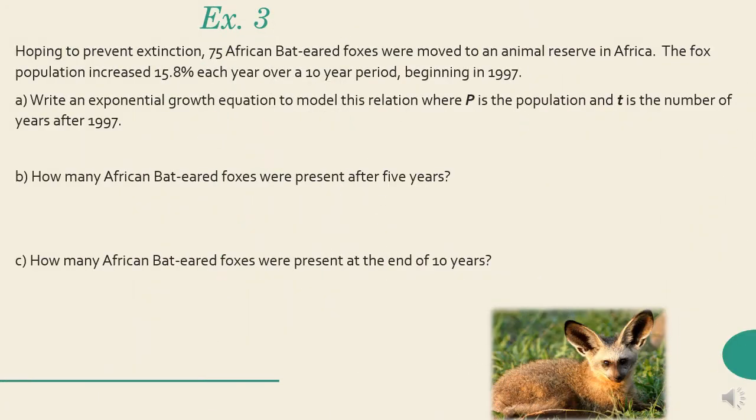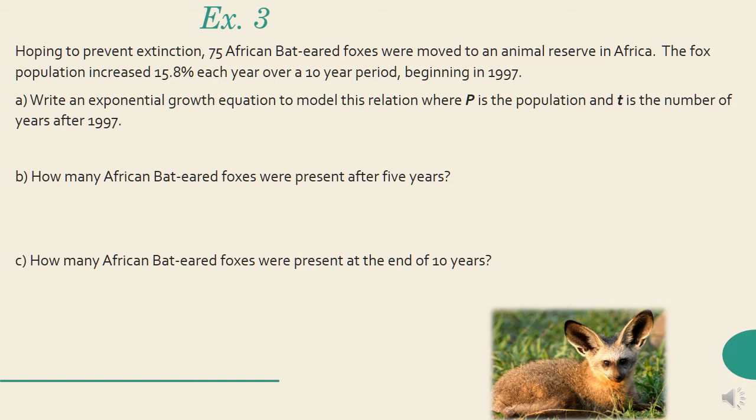Hopefully, I'm going to do a bunch of examples. Our third example, hoping to prevent extinction, 75 African bad-eared foxes were moved to an animal reserve in Africa. The fox population increased 15.8% each year, beginning in 1997. So A, write an equation to model this.